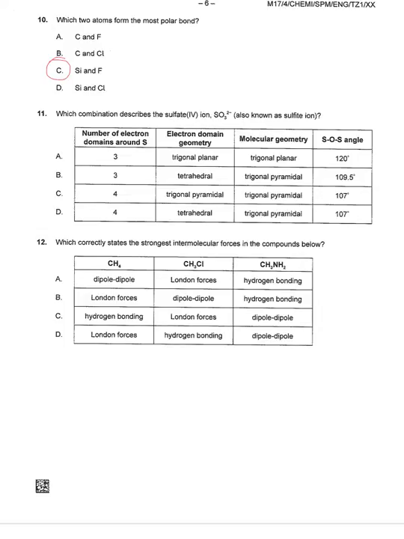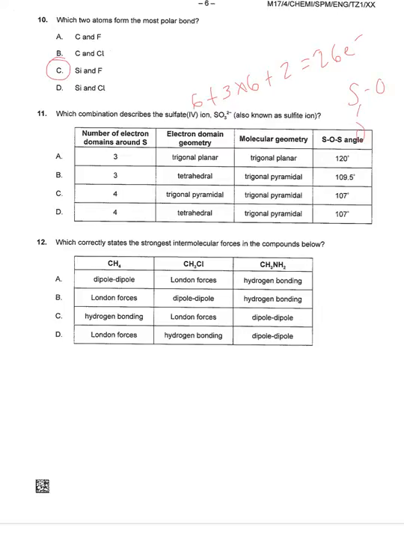Number 11, which combination describes the sulfite ion, SO3 2-? And if I look at SO3 2-, I've got 6 electrons from the sulfur. I've got 6 more from each oxygen, and then I've picked up 2 electrons. So I'm looking at a total of 26 electrons here, which means I don't need any double bonds.